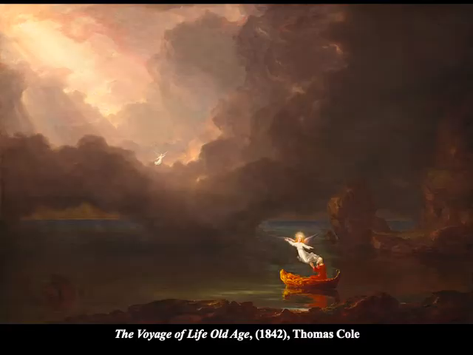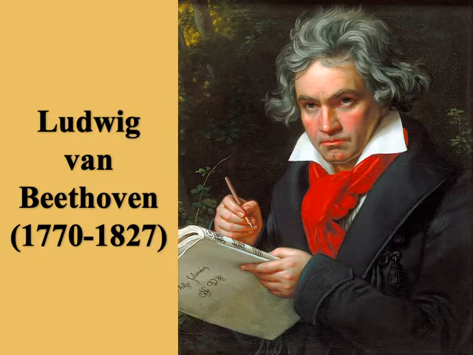We also see Romanticism in the music of Ludwig van Beethoven, whereas Wolfgang Amadeus Mozart was very much an enlightened figure of the Enlightenment and emphasized precision and synchronized beats in his music of the 18th century.